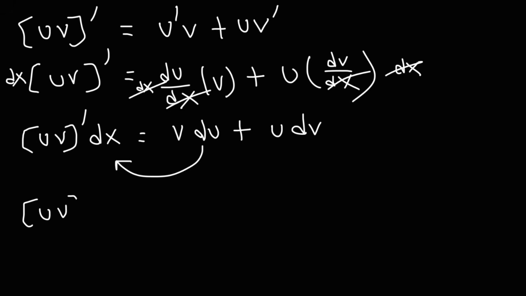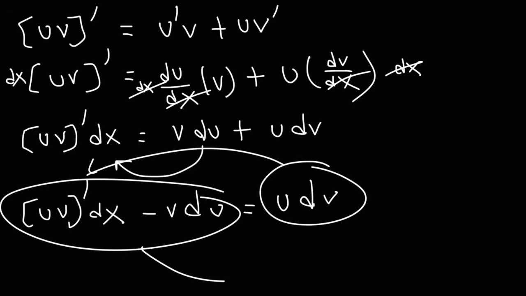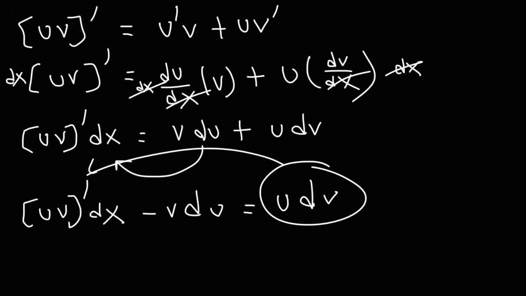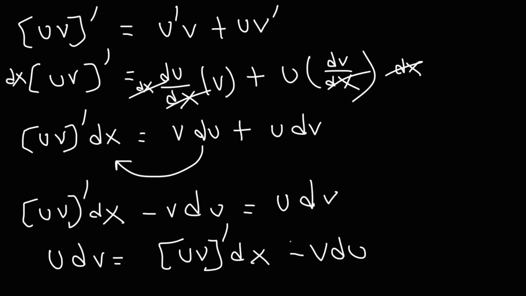So I have uv prime dx minus v du is equal to u dv. Now I'm going to reverse the equation, switching the sides. So I have u dv is equal to uv prime dx minus v du.